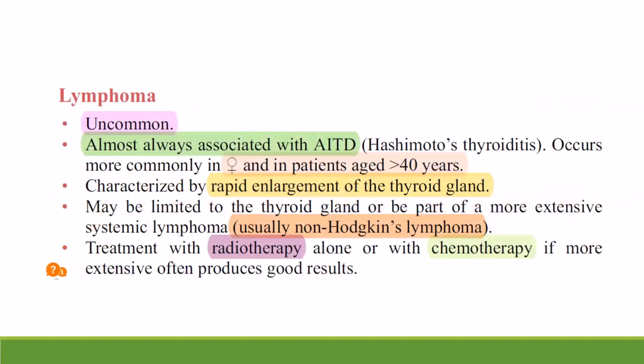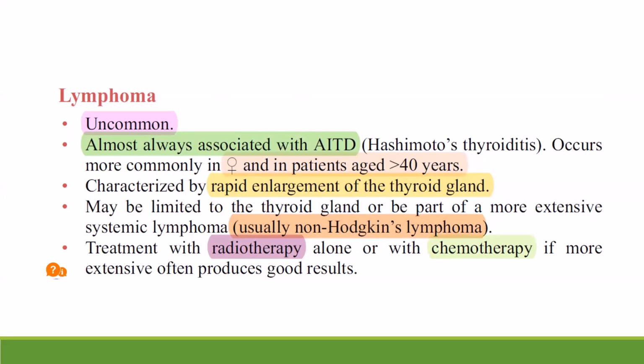Lymphoma is actually the last cancer in the thyroid. It is uncommon, almost always associated with autoimmune thyroid disease, especially Hashimoto's thyroiditis.